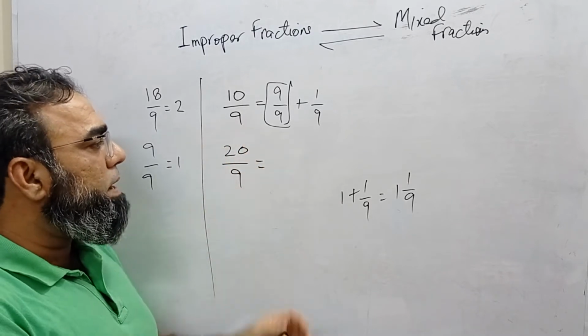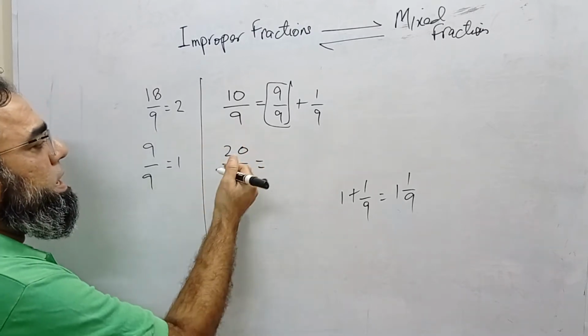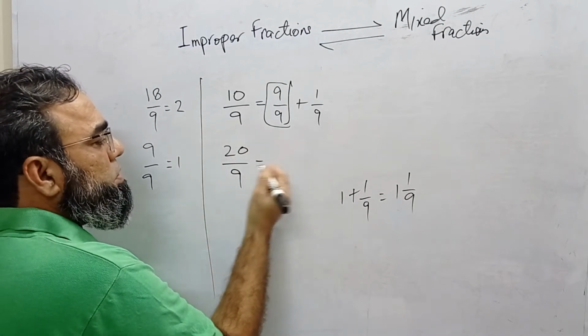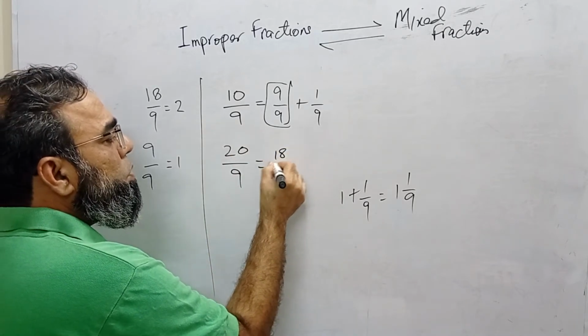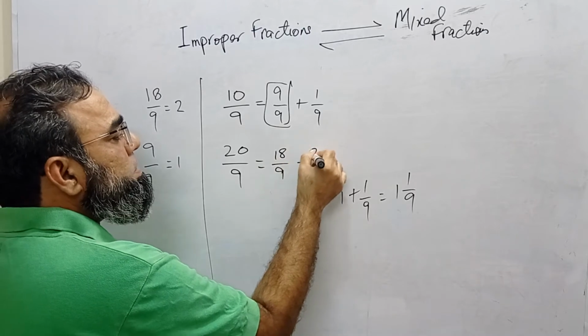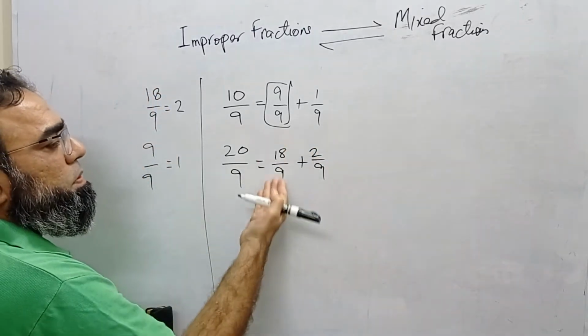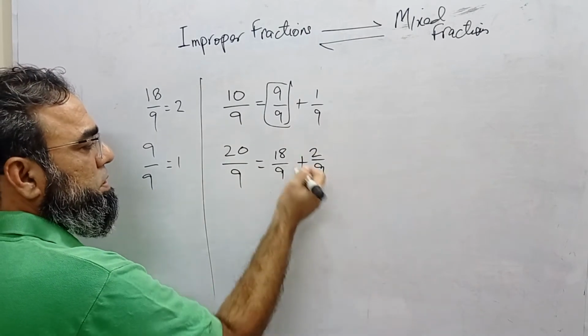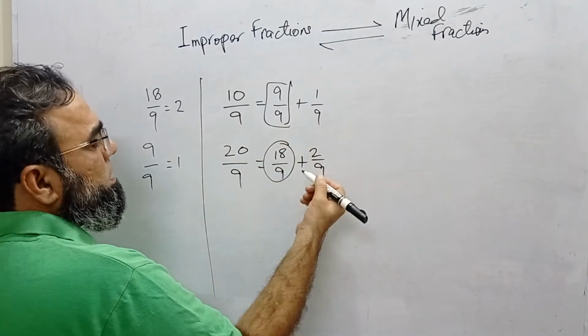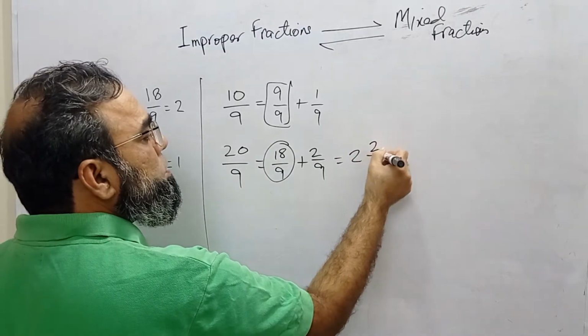So 9 2 times is 18, and then 2 more than that. So this is basically 18 over 9 plus 2 over 9. This 18 over 9 is going to be 2, so it's 2 whole 2 over 9.